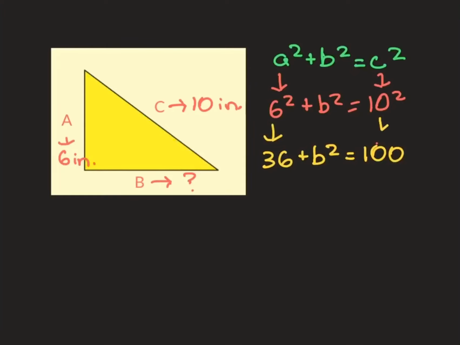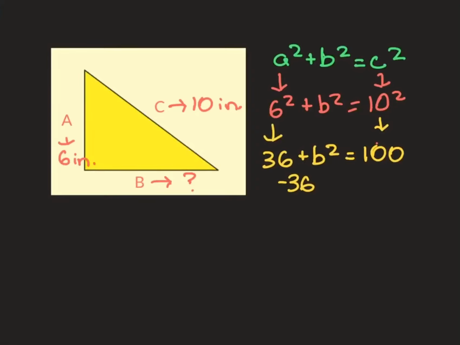So what we can do is subtract 36 from the left side of the equation to get b squared on its own. If you don't know what I'm talking about, make sure to go and watch a how to solve equations video.